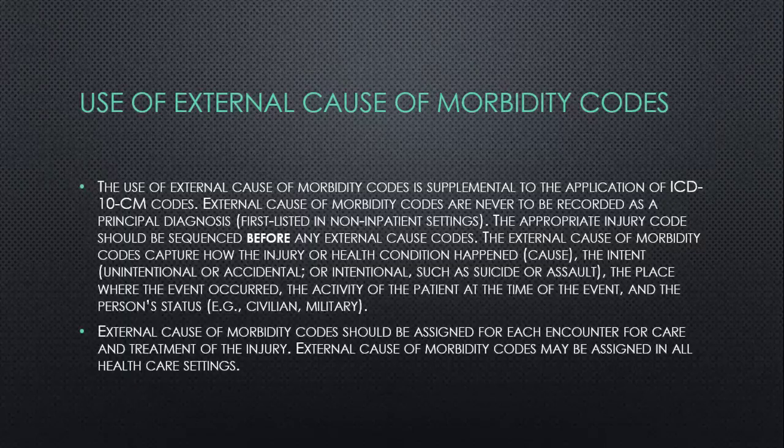Those are always going to be secondary codes. What actually happened to the patient, the fracture, the sprain, the laceration, the burn, the adverse effect, the poisoning, all of those things are what we are going to code primary to the reasoning behind the actual issue or injury to the patient.